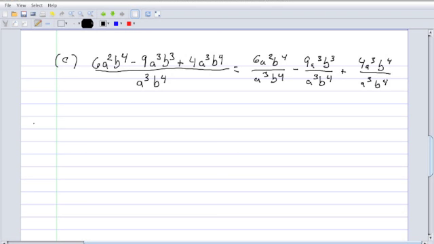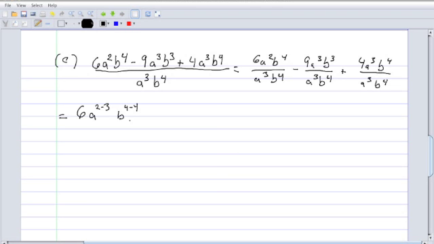Okay. So then this becomes 6 times a squared divided by a cubed, which is a to the power of 2 minus 3. B to the 4 divided by b to the 4 is b to the 4 minus 4. Okay, so that's the first term.